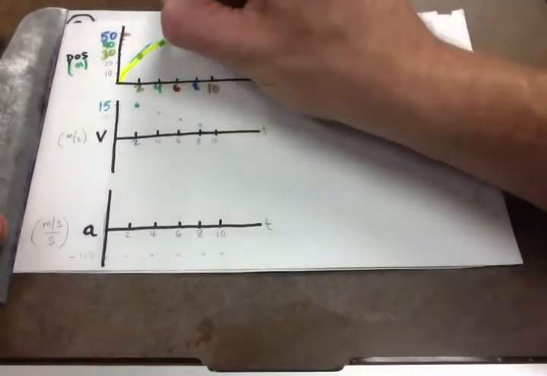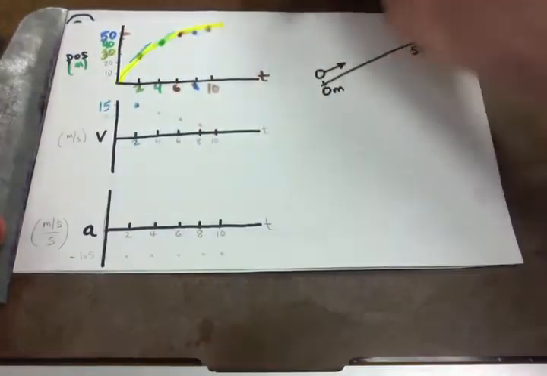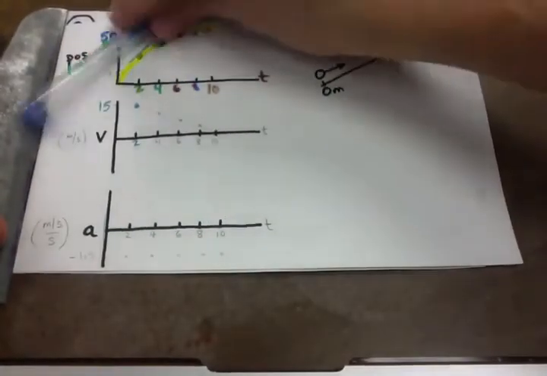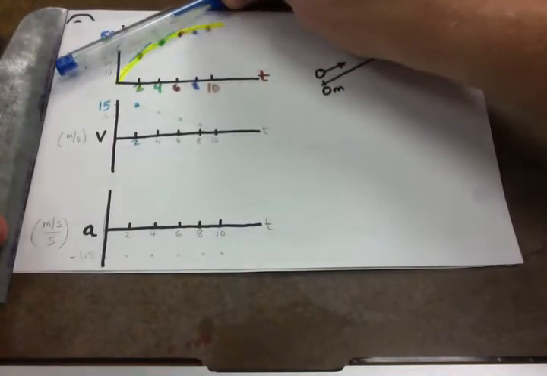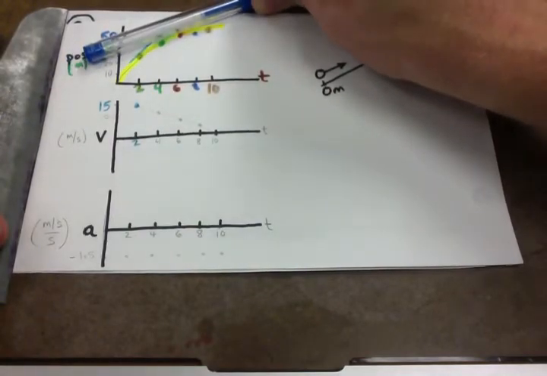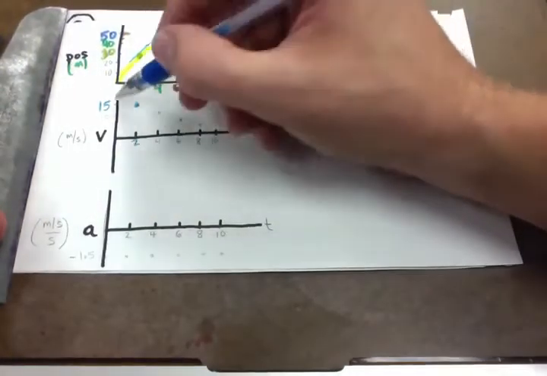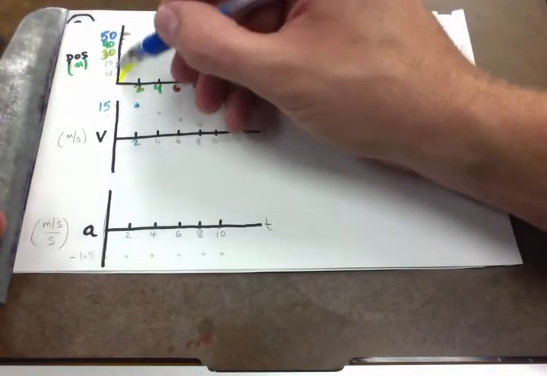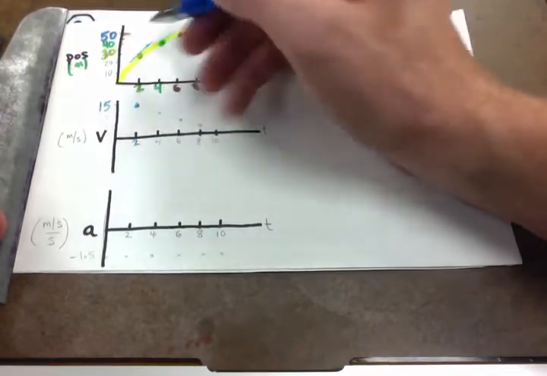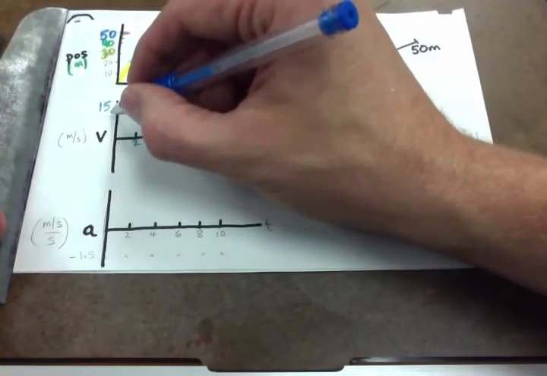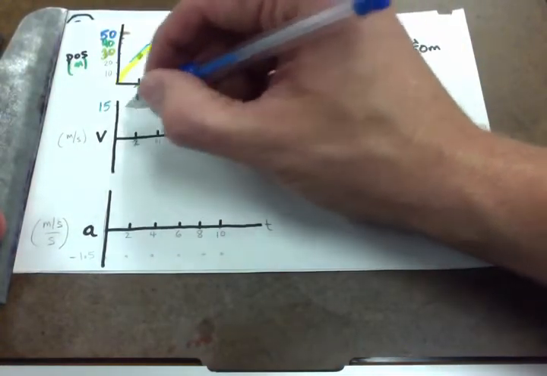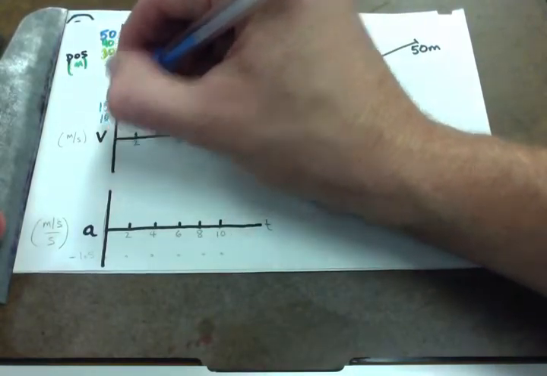If I tried to play that game here at 4, that's still a slope, but that tangent line is becoming less positive. What is that, like up 40 over 4 or so? Up 40 over 4, that's closer to like 10.